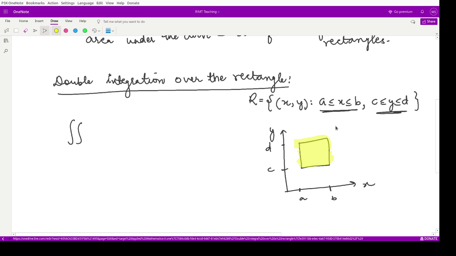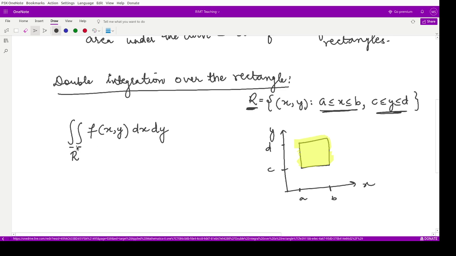Integration of some function. For the double integration we use two integration signs. So it would be the integration over R, that means over this rectangle R, of a function of two variables f of x comma y, and here you will be writing dx and dy both, because in this case we are performing double integration.